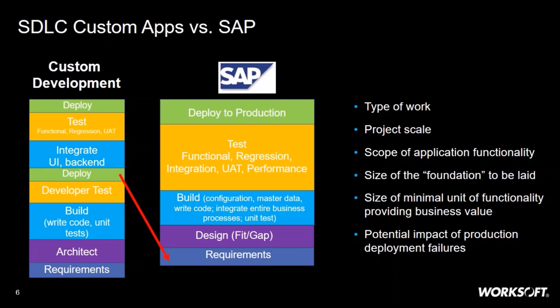A lot of the work is focused around building, and that build consists of writing code and unit testing the application. You have individual developers doing that. All that has to be brought together and integrated into a functioning application. And that really is where we get to that point of developer test and deploy. It's at that point that we have a functioning application that can be installed.